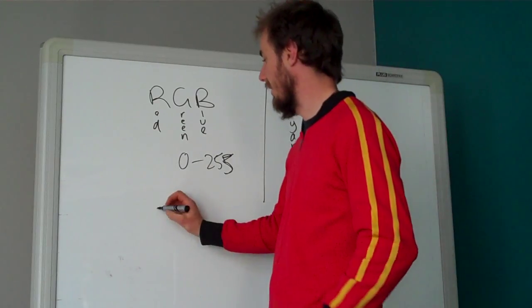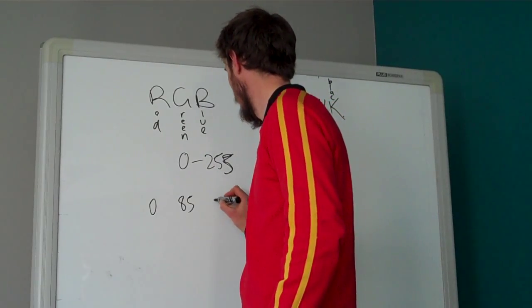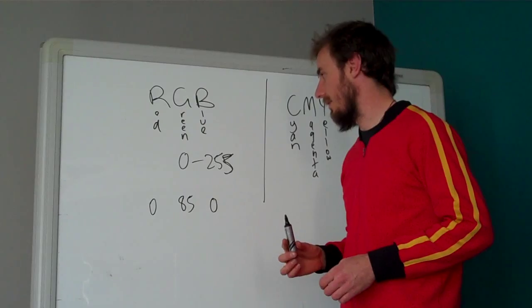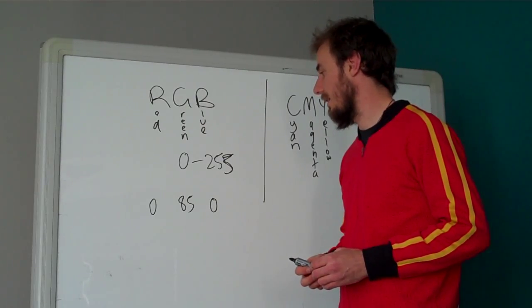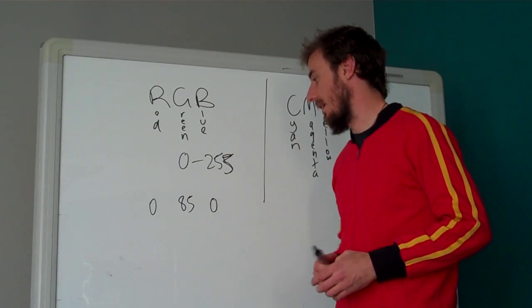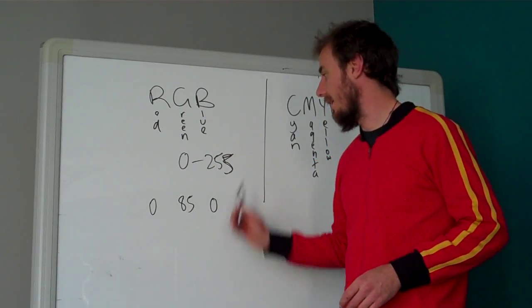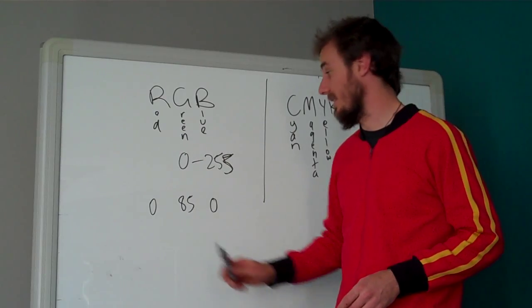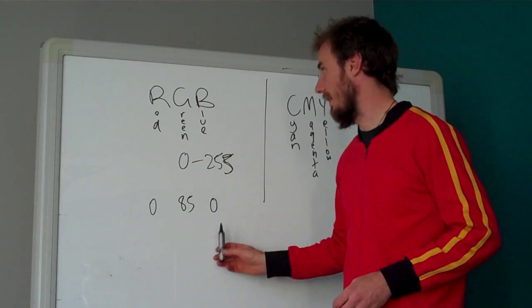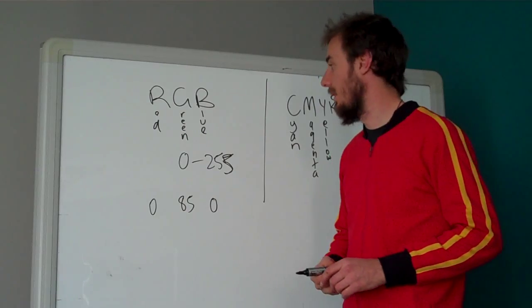So if, for example, we had 0, 85, 0, that is a colour that I have been using recently for a little project, and that's a really nice foresty green that I was using for some photo overlays recently. That's determined by the fact there's no red. It's 85 out of 255, so it's reasonably dark. It's on the dark side for green, because it's closer to 0 than 255, and no blue. That gives you a really nice rich green.